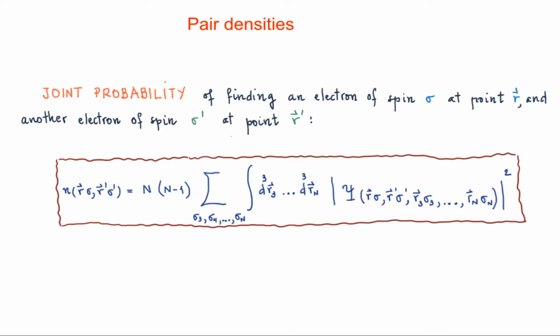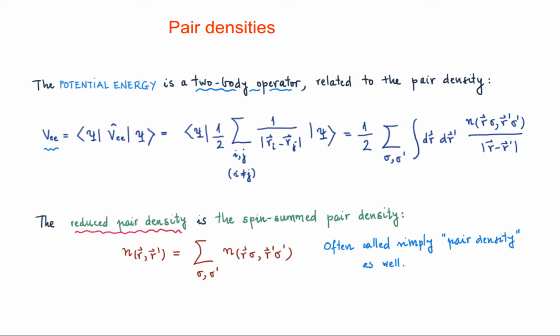Okay, and as we said at the beginning, actually this paired density is going to be directly related to the potential energy, which is a two-body operator. So in order to see the relation between the potential energy and the paired density, you just have to go to the electron interaction operator.